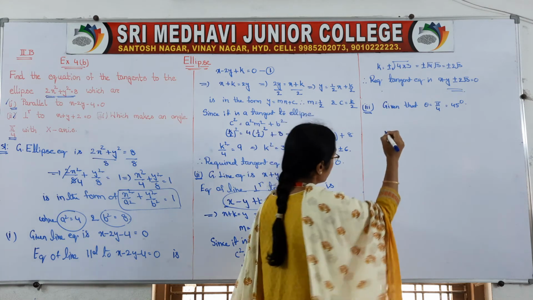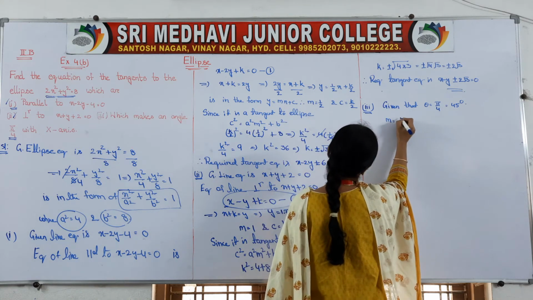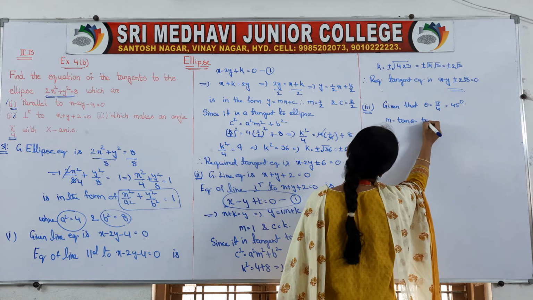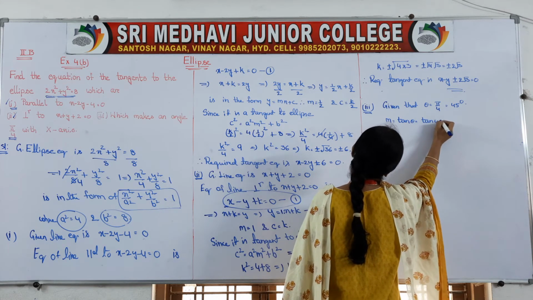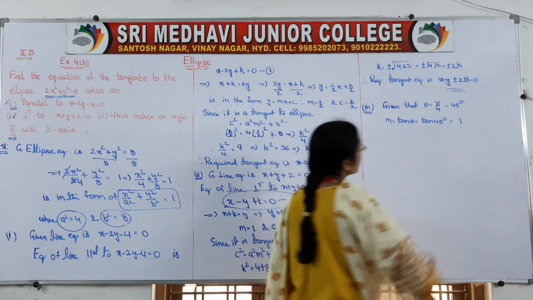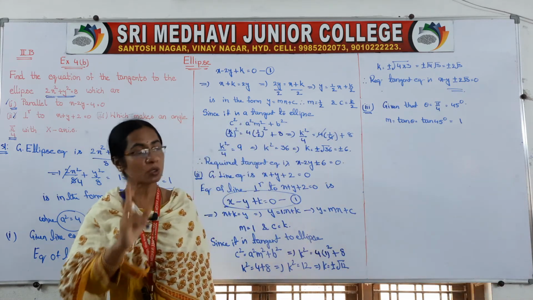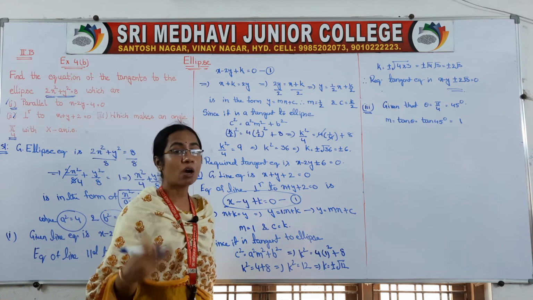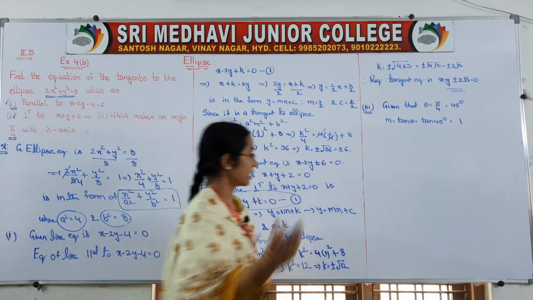So you take your m value: m is equal to tan theta, which is tan 45 degrees, that is 1. m is equal to 1. If we get the m value, how can we write the tangent equation?